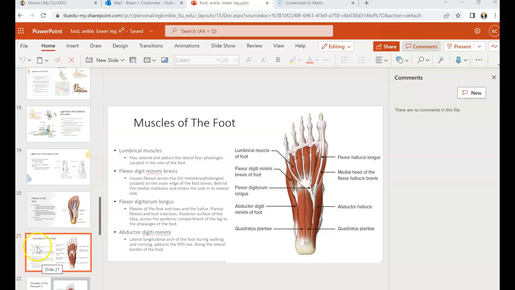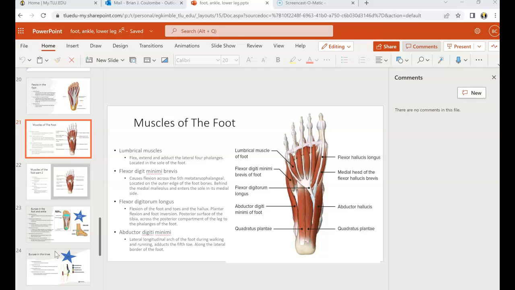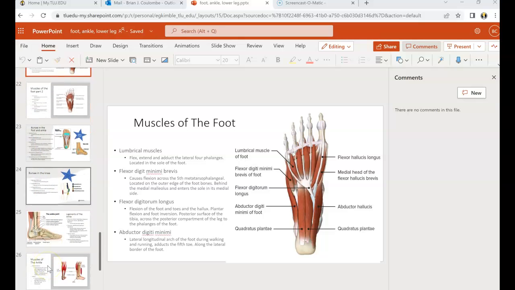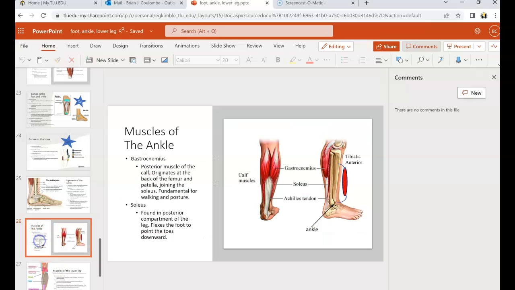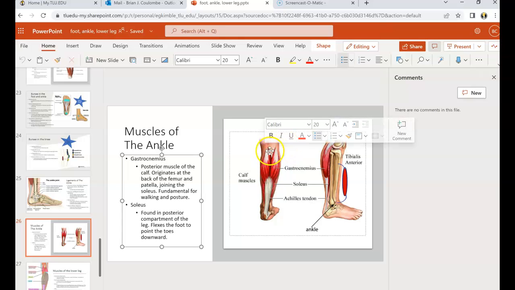For the specific muscles of the foot, I won't get that detailed, but I do want to come down to the muscles of the ankle. So you get gastrocnemius and soleus. The origin up here is the tibial plateau, the tibial epicondyles, and then it comes down into that, so it should be very basic.